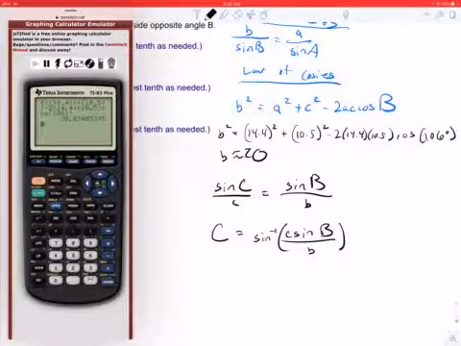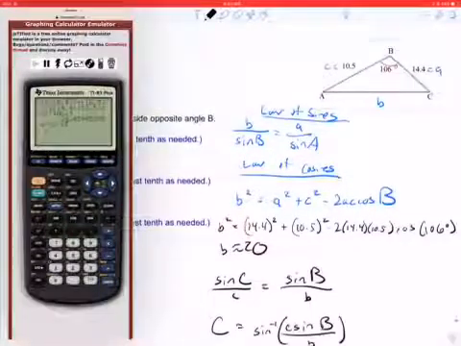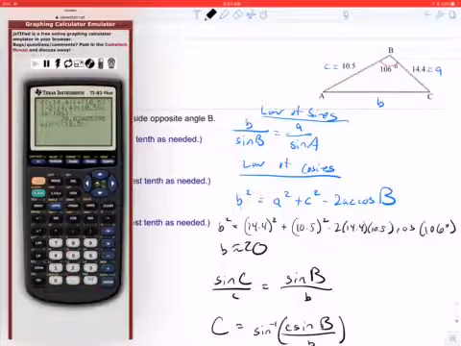We're already in degrees, so I'm going to do inverse sine. The numerator is my side C, which is 10.5, times the sine of angle B. Angle B was 106, let's back up.